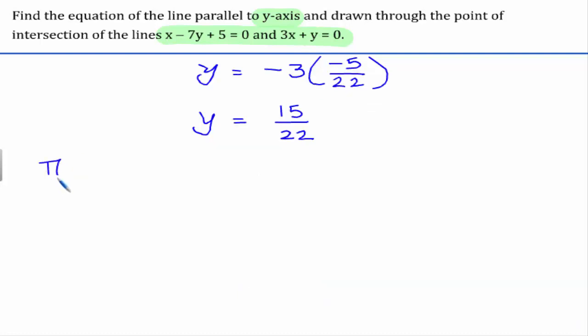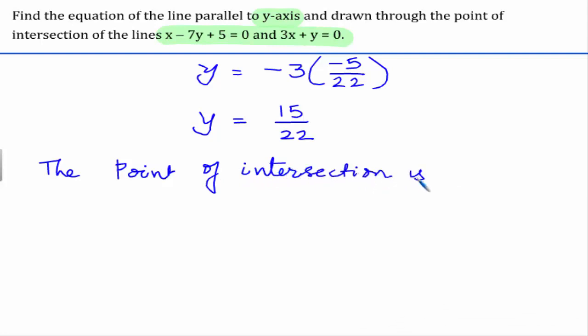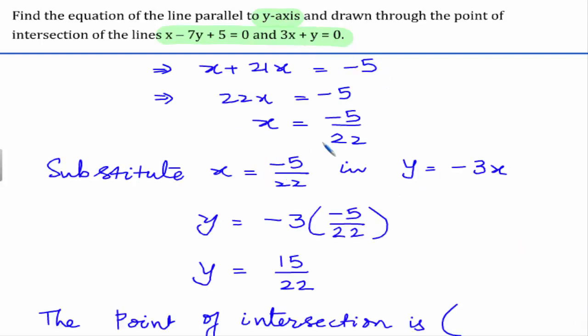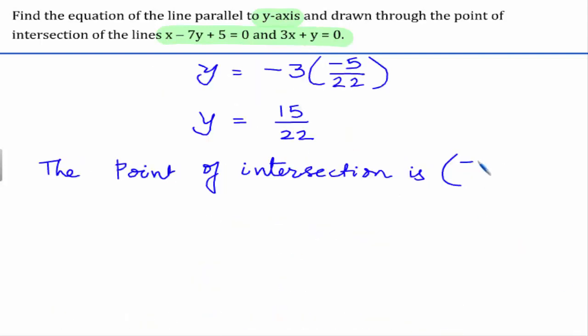So the point of intersection of the two lines is, the x value is minus 5 by 22 and the y coordinate is 15 by 22.